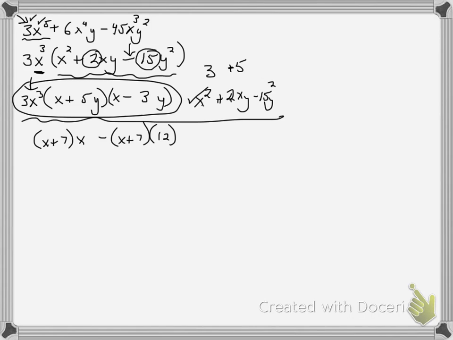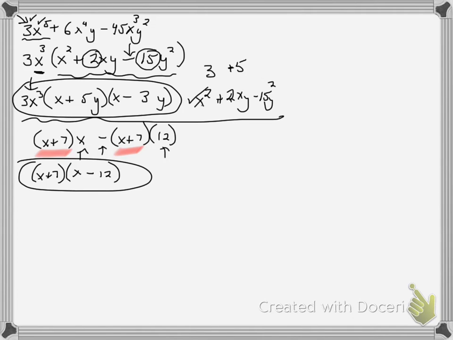The common factor these 2 groups share is this. So I'm going to pull that out, even though, just as if it were a single term, it's actually an expression, but I'm going to pull that out. And what am I left with? I'm left with the x minus the 12. So that's how you would factor that.